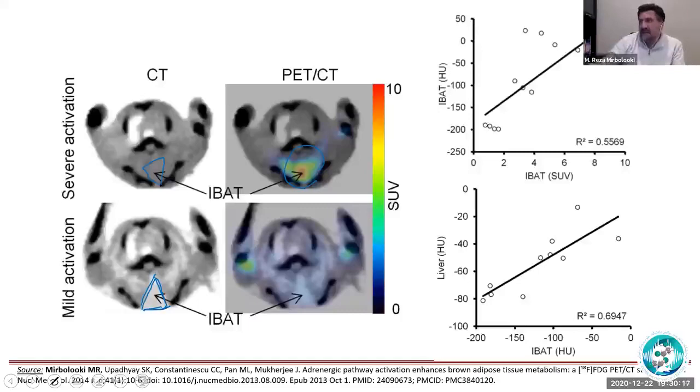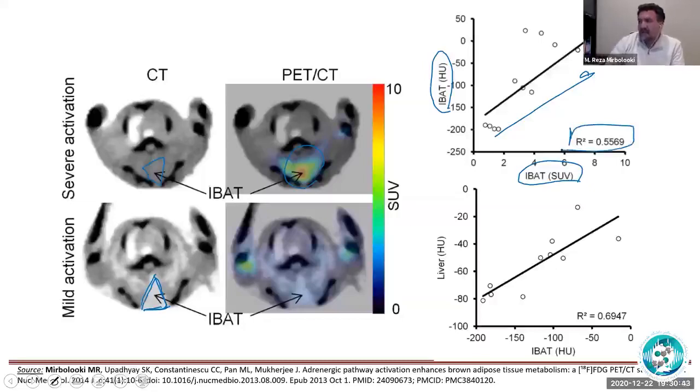So basically we plotted the standardized uptake value of the IBAT against the Hounsfield unit of the IBAT. And it was interesting that as SUV, or the uptake, increases in PET, the Hounsfield unit also increases. The R squared was about 0.55, and it was significantly different.